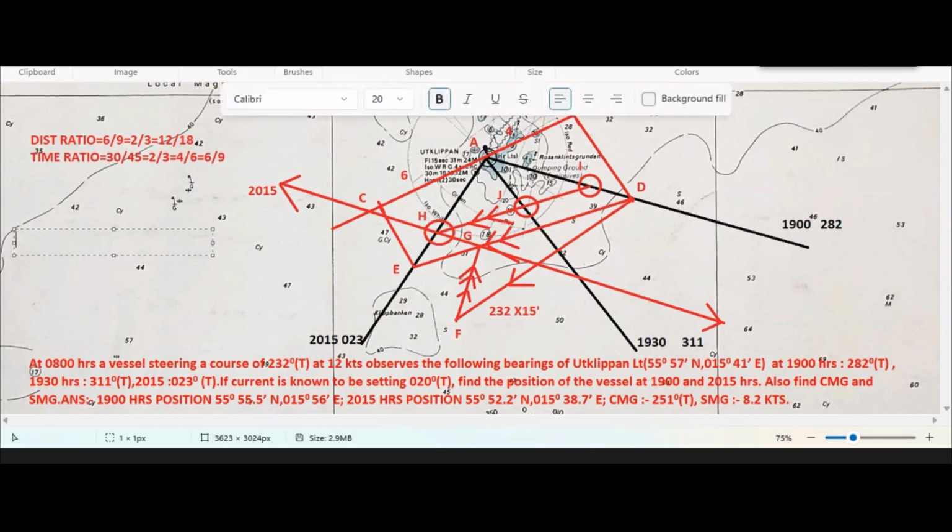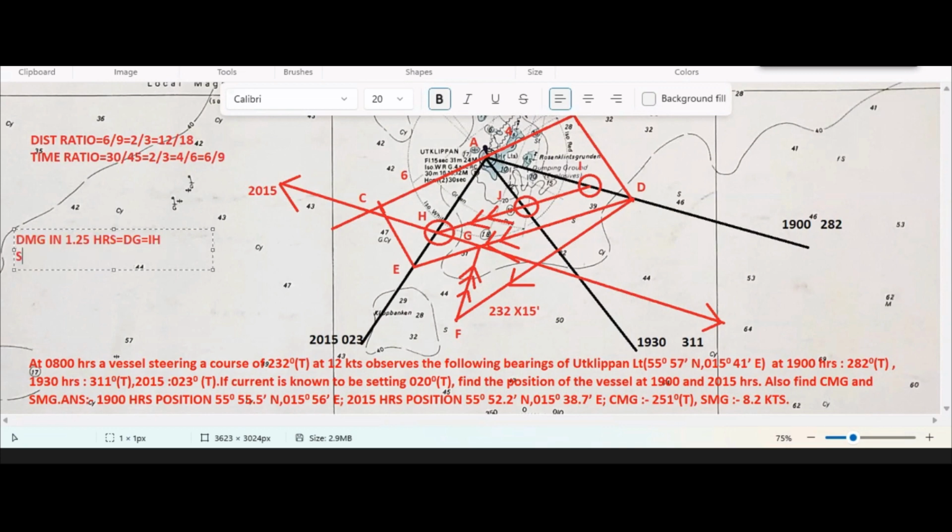DMG in 1.25 hours, 1 hour and 15 minutes, that is from 1900 to 2015. DMG in 1.25 hours is your DG or IH, anyone.